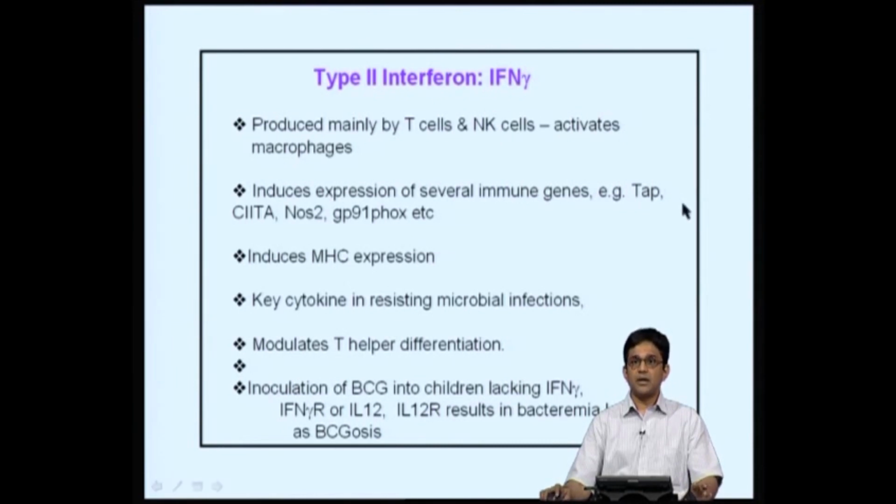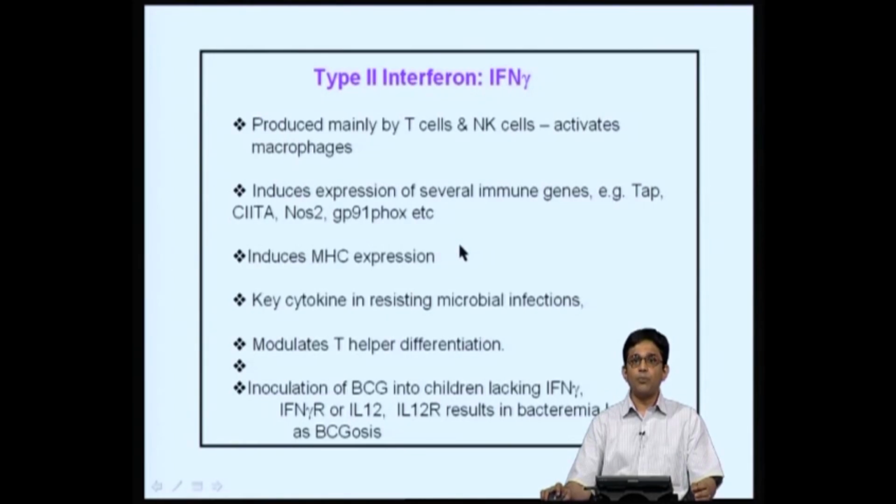For example, transporter associated with antigen processing, C2TA, which is an important transcription factor for MHC class 2, NOS2, and GP91-PHOX. NOS2 is important in the production of nitric oxide, and GP91-PHOX is important in production of superoxide radicals, and we will see these a little bit later.